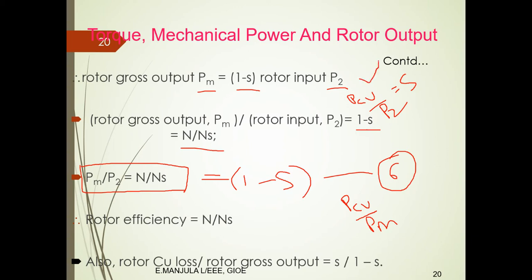Equation this divided by equation this. So you will get rotor copper losses divided by the rotor mechanical power, which is equal to S divided by 1 minus S.